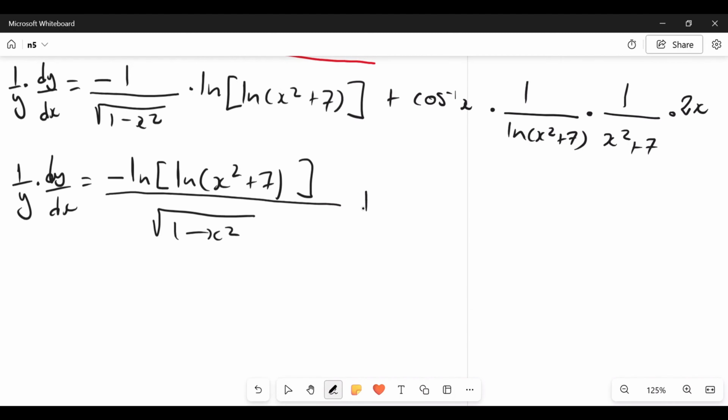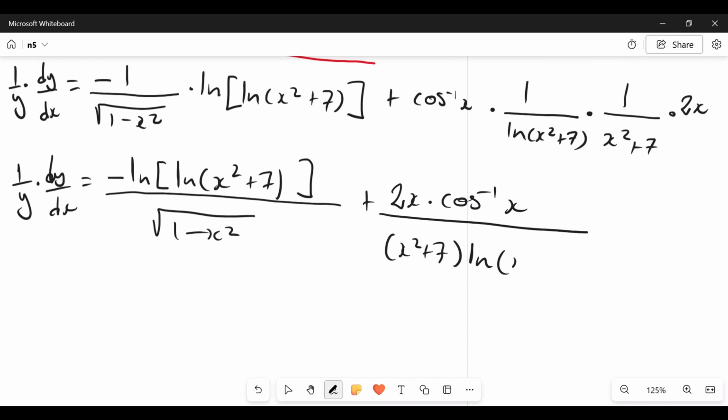Plus, now on the numerator we have arc cos x multiplied by 1, multiplied by 2x. So you can write it as 2x multiplied by arc cos x divided by (x squared plus 7) multiplied by ln(x squared plus 7).